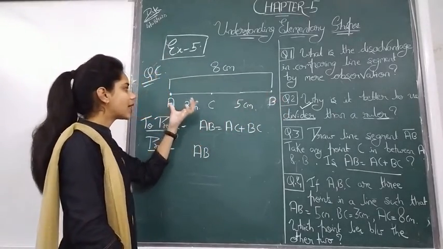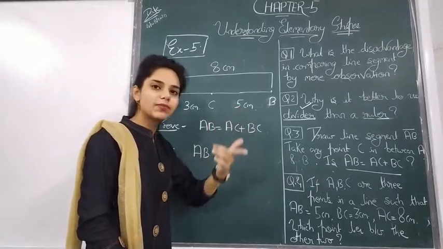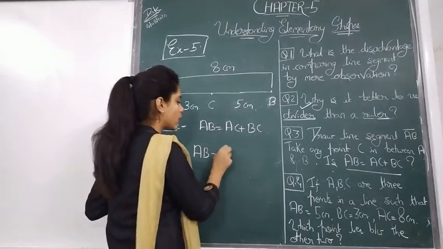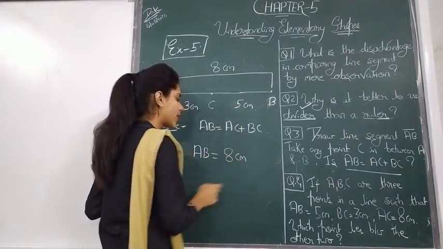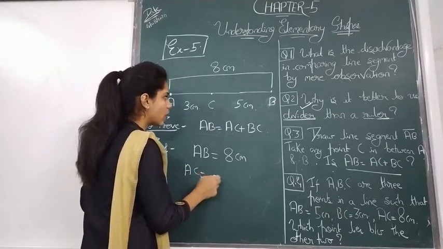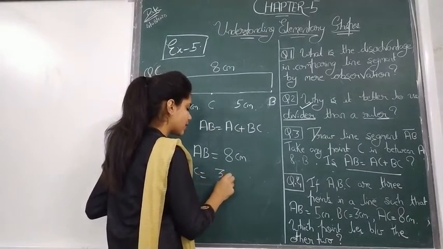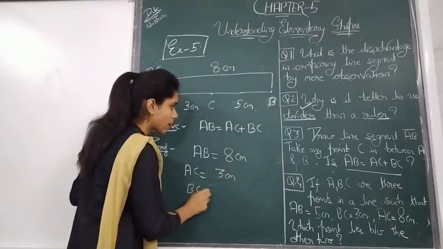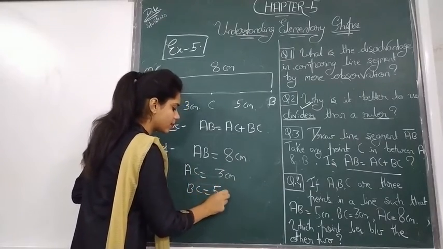Now we have to prove that AB equals AC plus BC. So AB equals 8 centimeter, we took. Now AC equals what? 3 centimeter. BC equals 5 centimeter.